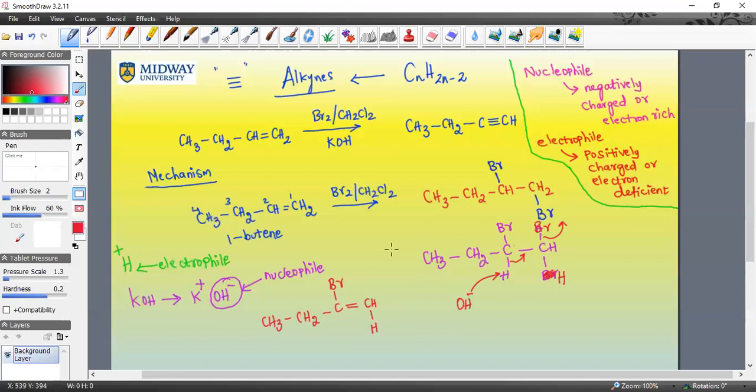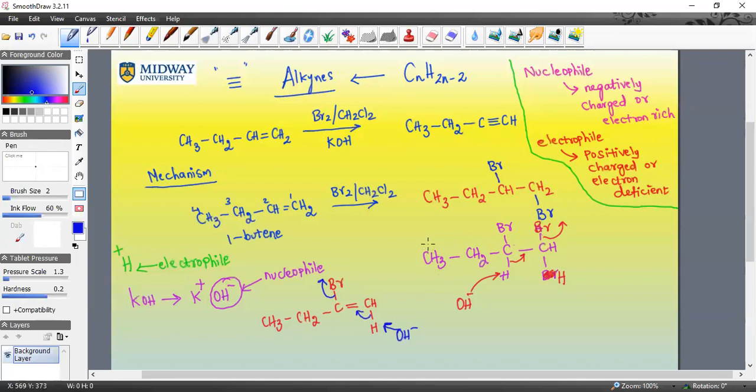Now let's go get another color, perhaps a blue or shades of blue. Keep in mind, as I've always said, just because one KOH is written doesn't mean there's only one KOH. Chemistry doesn't work that way. So there's another OH that comes, grabs this hydrogen, moves this bond over here, and in the process, this has to come out. You may wonder, why does the Br have to come out? Well, if it doesn't, what happens?